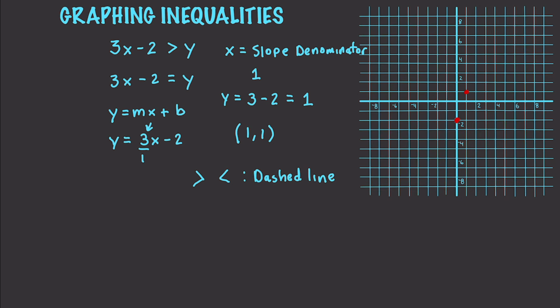And anytime you have greater than or equal to or less than or equal to, you'll use a solid line. And the reason why is with the solid line, that's saying that it is being included, everything on the line. If it's less than or greater than, it is not going to be including the things on the line.